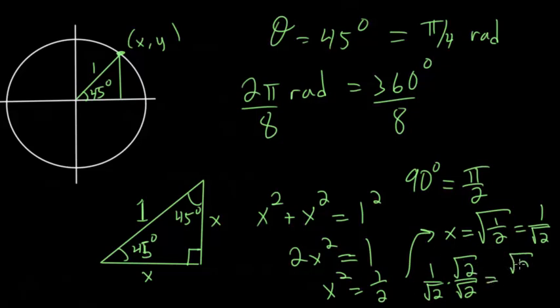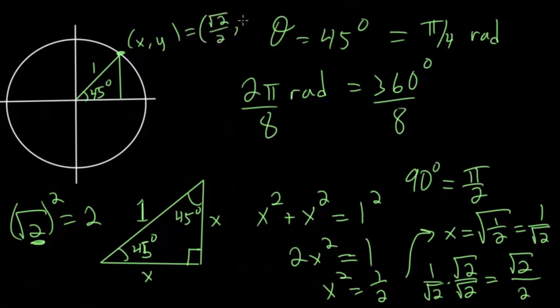And the numerator, we get root 2, but in the denominator, we get root 2 times root 2, and that essentially just cancels out the square root, so we just end up with 2. Since root 2 squared, the square and the square root cancel each other, and we just get what's left on the inside. So essentially what we found is that the x and the y coordinate are both this root 2 over 2. So we can say that this is root 2 over 2 and root 2 over 2 for both x and y.